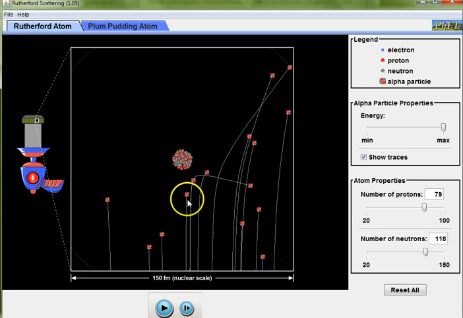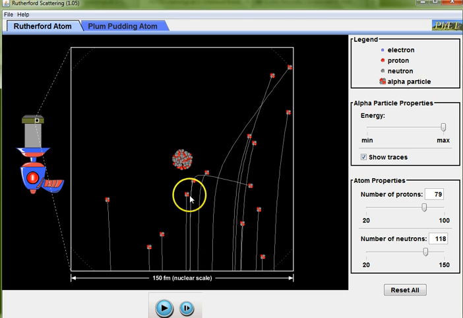As a result, when these positive charges come close to this nucleus, they are going to get repelled. If the particle is far, it gets repelled a little, but if it's coming head on, you can see that it gets repelled almost by 90 degrees and even more.